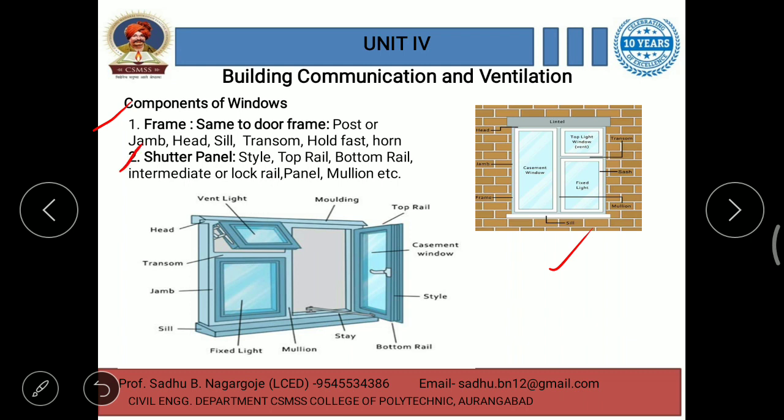Then shutter panel, stile, top rail, bottom rail, intermediate or lock rail, panel, mullion. These are the component parts that we have studied in the types of doors. So the component parts and their names are almost the same for doors and windows.